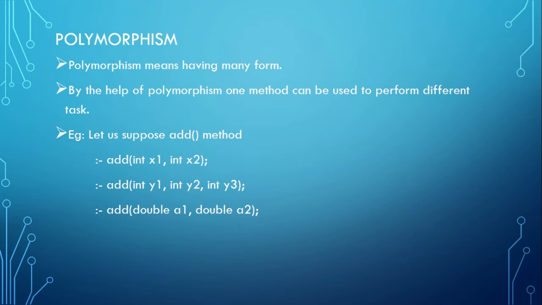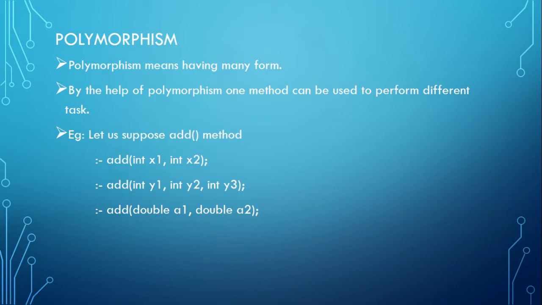Then what is polymorphism? Polymorphism means having many forms. With the help of polymorphism, one method can be used to perform different tasks. Let us suppose an add method. We can use it to add two integer values like add(int x1, int x2).